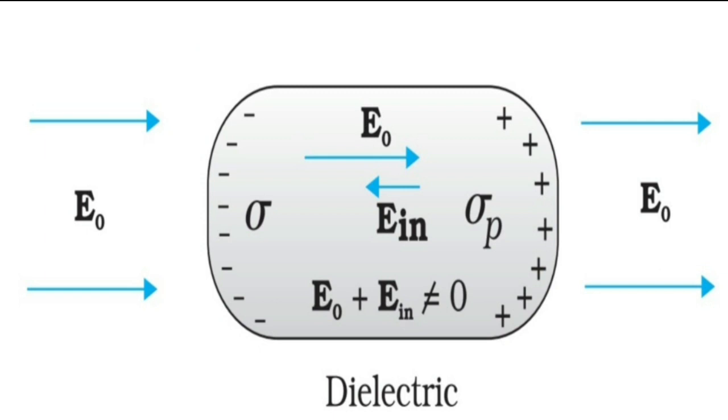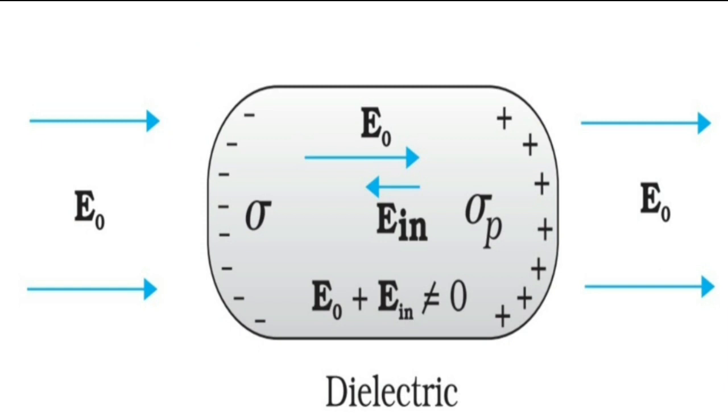When a dielectric is kept in an external electric field, what is the case? Inside the dielectric, the electric field is not equal to 0, because there is an electric field produced due to this polarization, because there is a negative sigma p on the left side and positive sigma p on the right side.